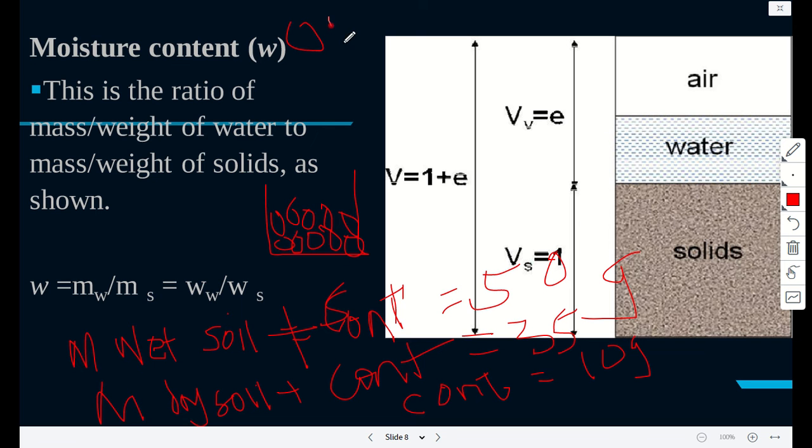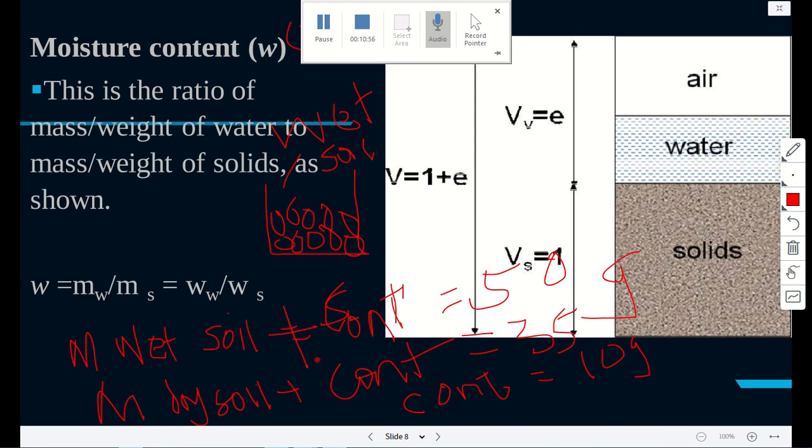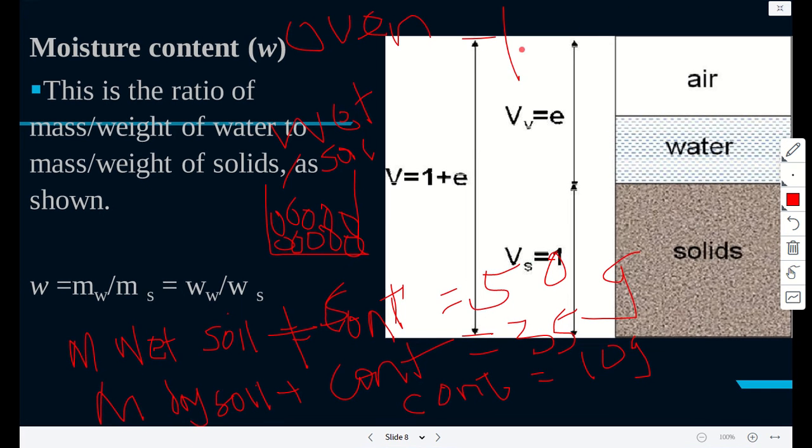So this wet soil plus the container, you put in the oven for 12 hours, and you have to keep the oven temperature between 100 and 105 degrees centigrade.